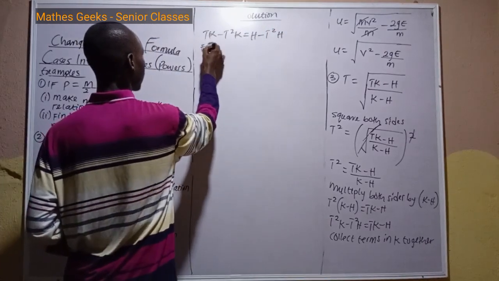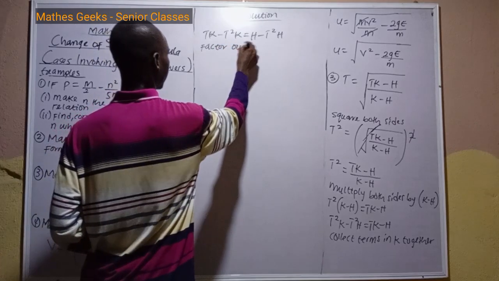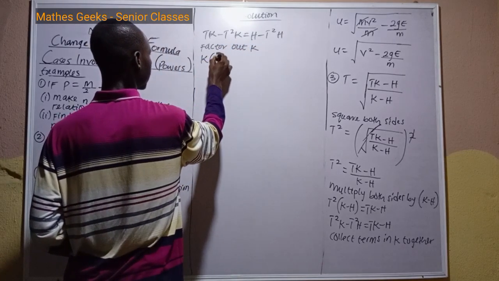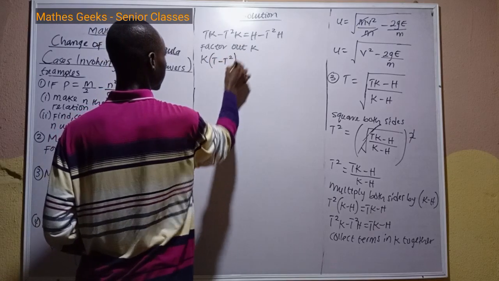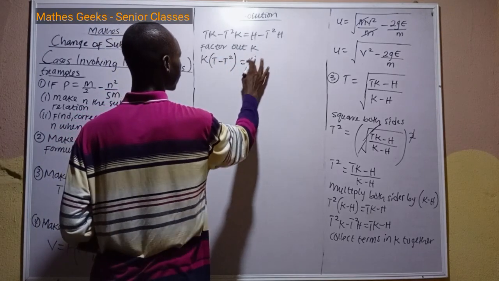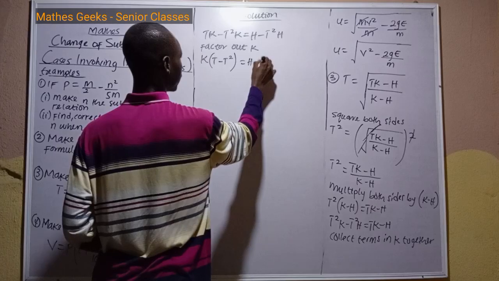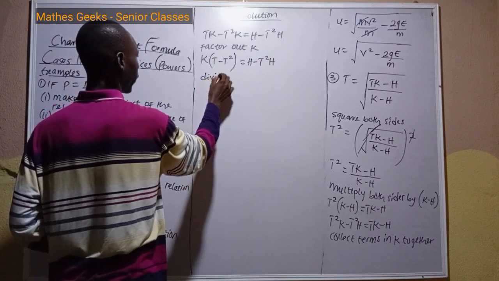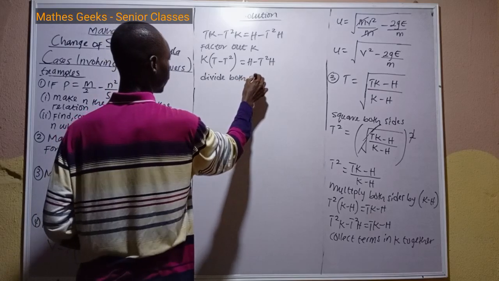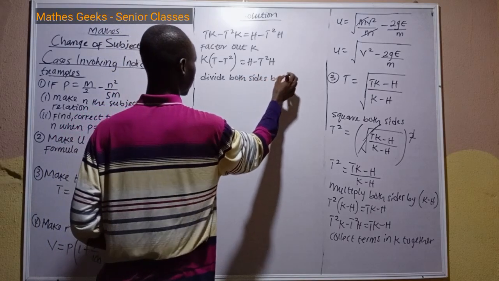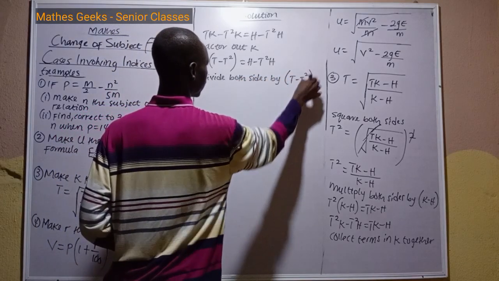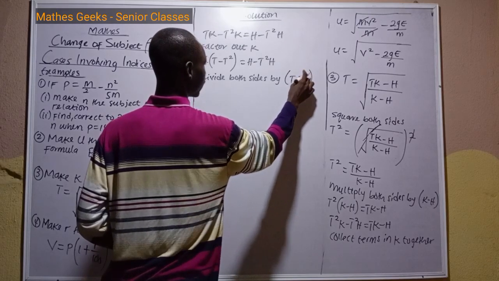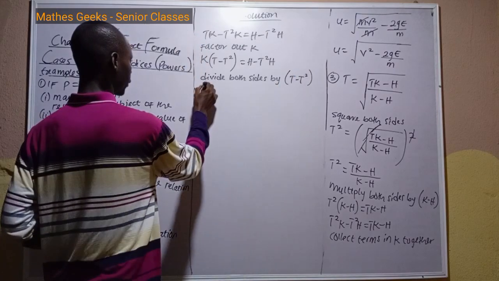So now factor out K. K times (T minus T squared) is equal to H minus T squared H. The next step is to divide both sides by T minus T squared.